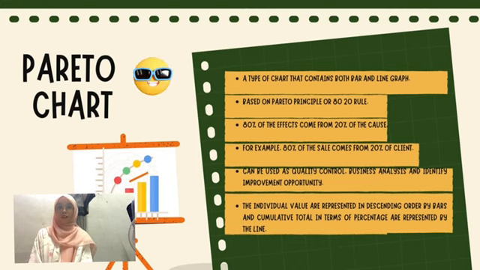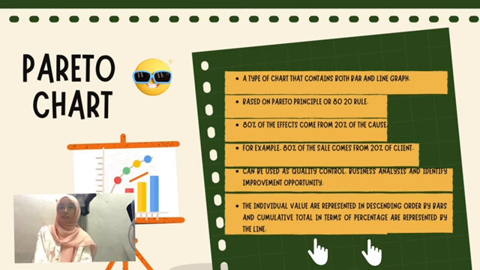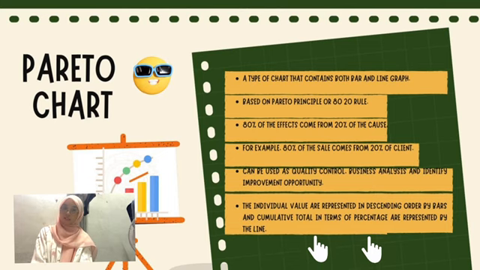Lastly, the Pareto chart. Pareto chart is a type of chart that contains both bars and line graph. It is based on Pareto principle, or also known as 80-20 rule. It states that 80% of the effects come from 20% of the causes. For example, 80% of the sales come from 20% of client.